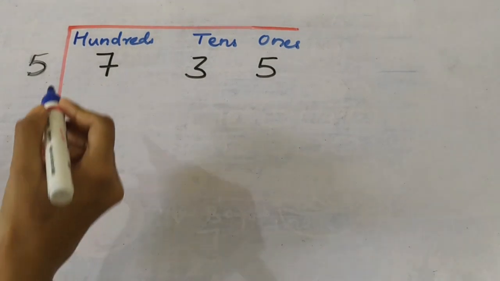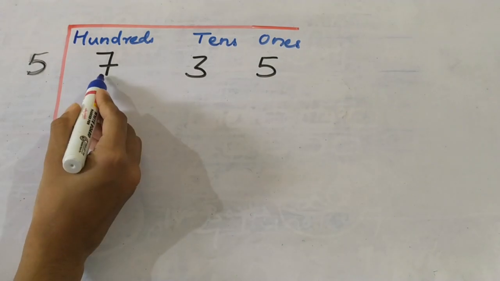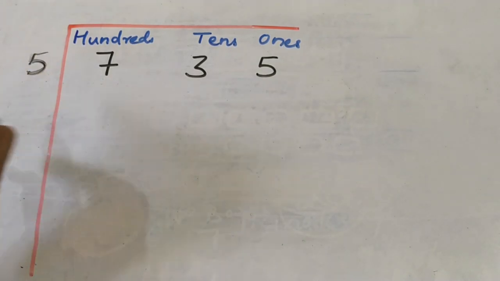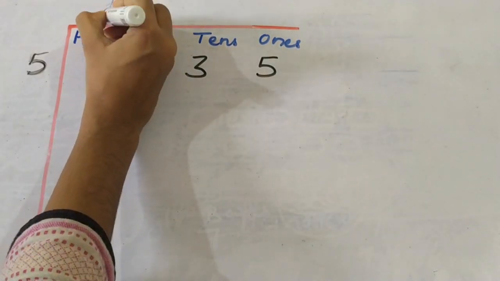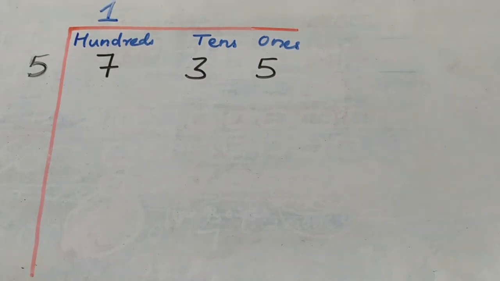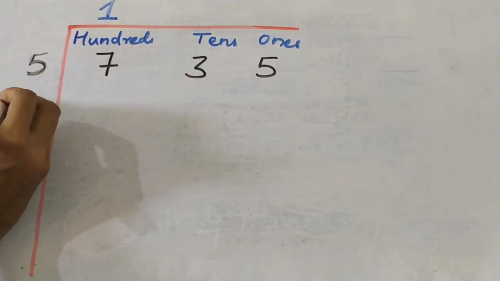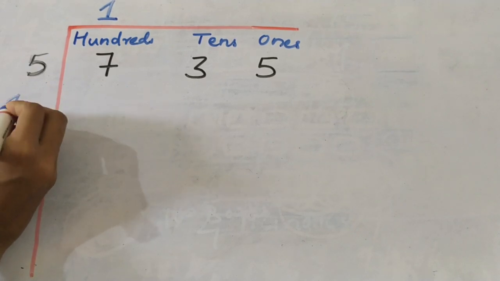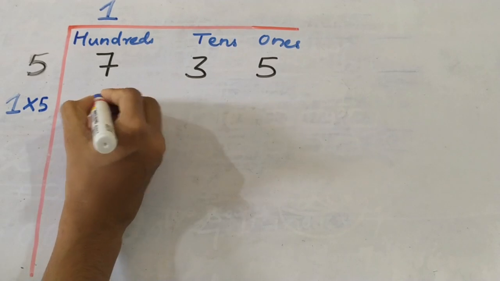So first of all, how many 5s are there in 7? How many 5s are there in 7? Only 1. So we will write here 1. Okay, now 1 into 5, then what will we do? We will write here 1 into 5, that is 5.